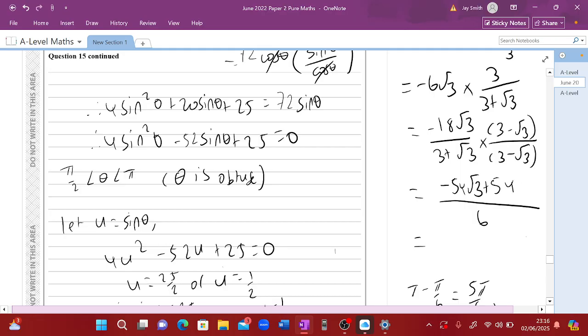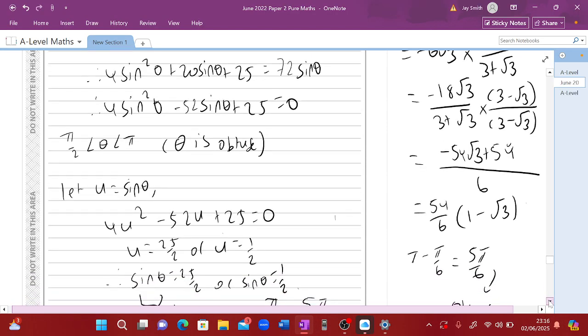And then I've noticed I can factor 54 out. So 54 over 6 of 1 minus root 3. Okay, so 1 here, and then the minus root 3 there. And 54 over 6, I believe, should simplify, right? 54 divided by 6 is 9. So that'll go to 9 lots of 1 minus root 3. And I don't think you can do any more with that.